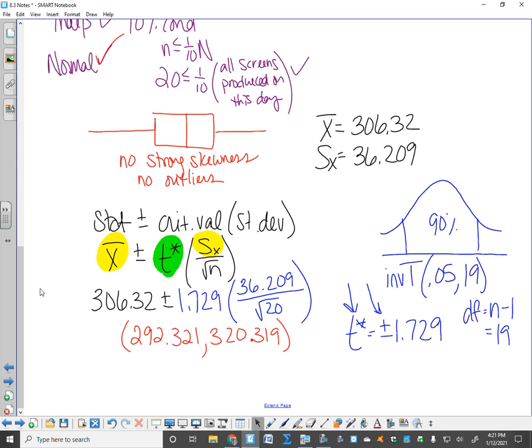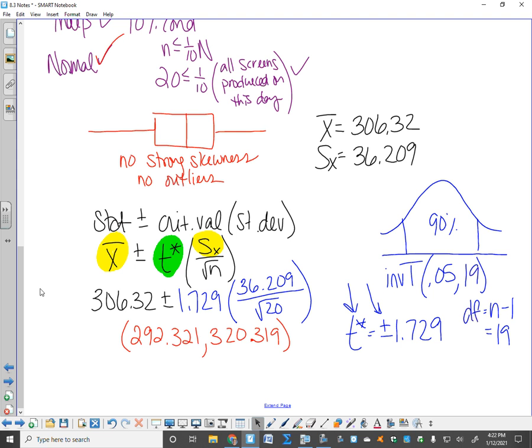All right, here's what I have. We are 90% confident that the interval from 292.321 to 320.319 millivolts, because that's what they're measured in, captures the true mean tension of all screens produced on this day.